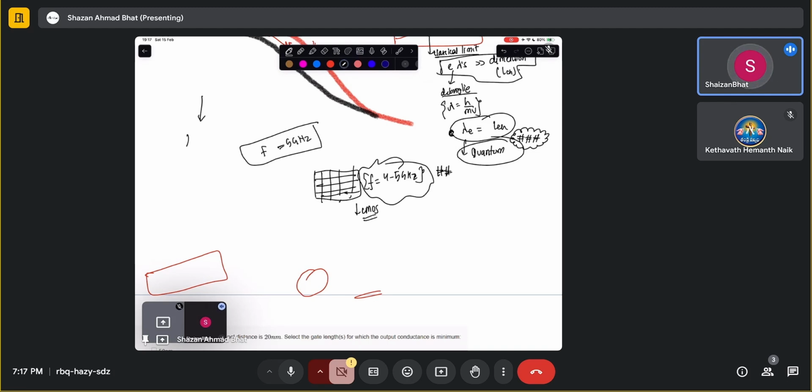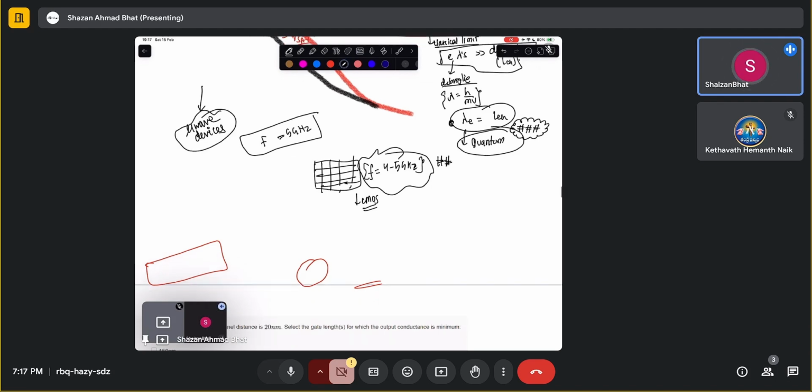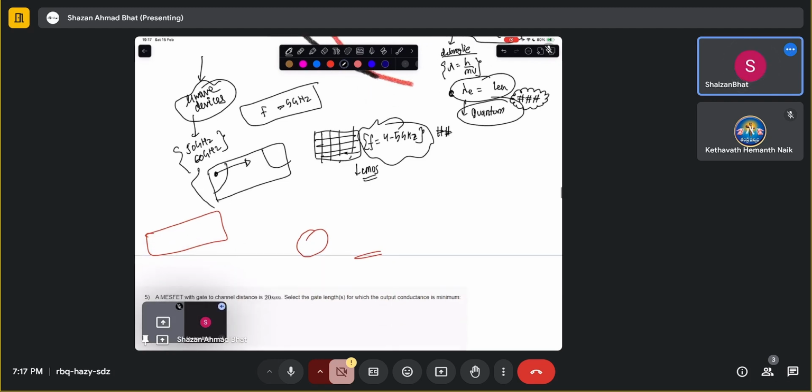Even in microwave devices, let's say you have a 50 gigahertz or 60 gigahertz frequency. It's still a very huge frequency. That means for an electron to go from this side to this side, if we have a frequency of 50 gigahertz, what is the time period?